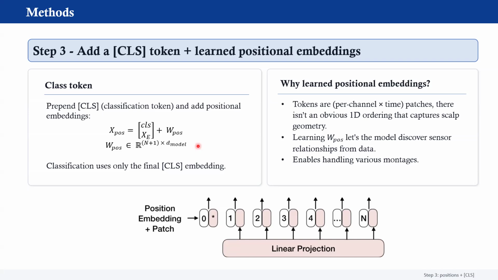A sensor that is here versus a sensor that is here, the activity on those signals will be very correlated. If you plot a correlation matrix of EEG signals, you will find that electrodes that are near each other are highly correlated. So it is possible that based on the patterns of activity that it is seeing, it is able to infer that these two electrodes are positioned close to each other. That would be my guess.